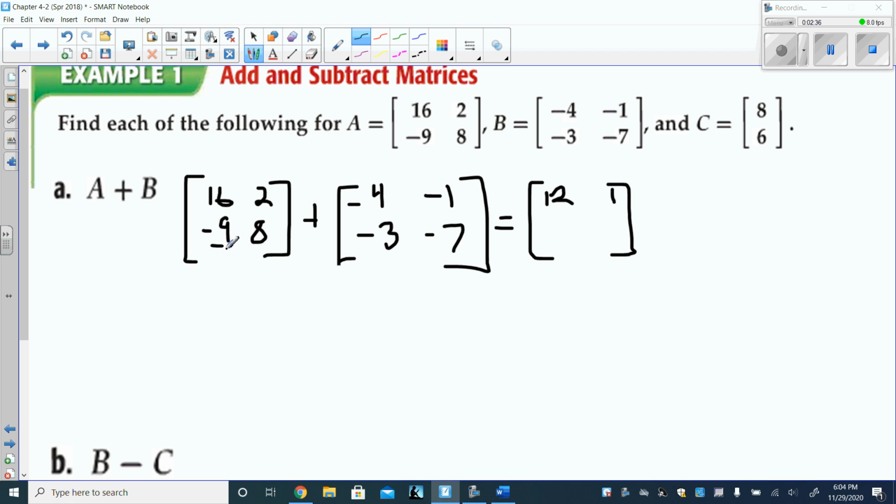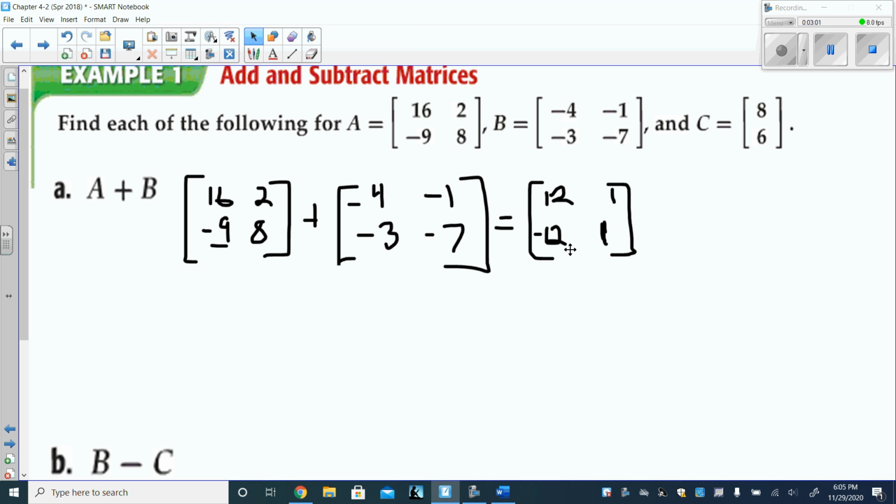Then we would go down to the bottom and do -9 plus -3, which would give us -12. I'm sorry about the numbers, I'm trying to use a mouse to write these, so it's a little bit difficult. So -12. And lastly, we would have 8 plus -7, which would be +1.